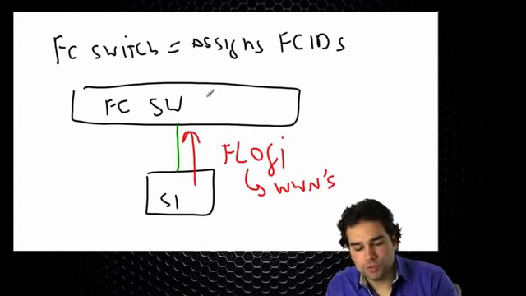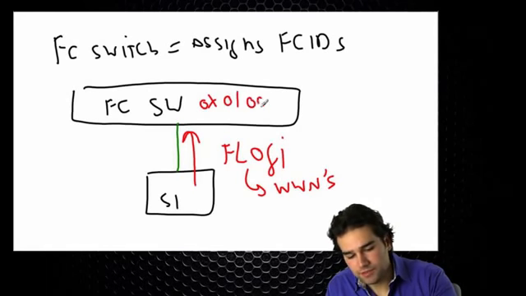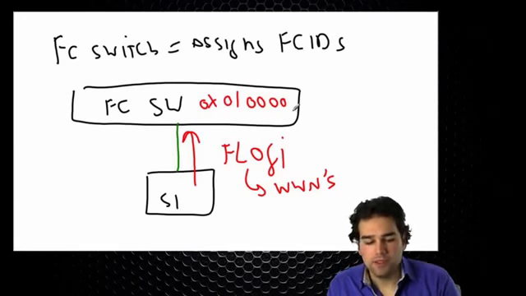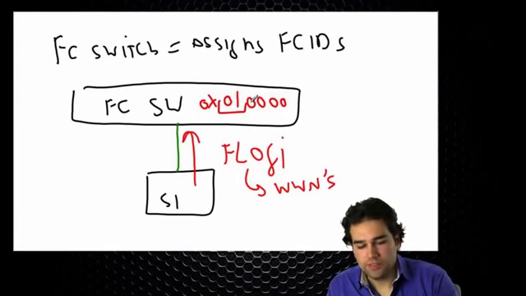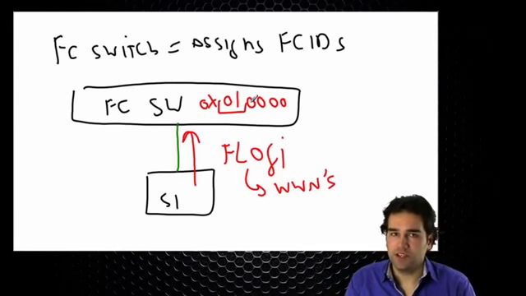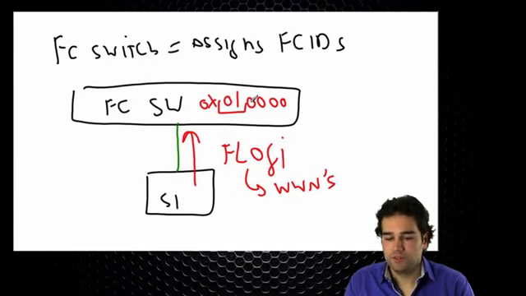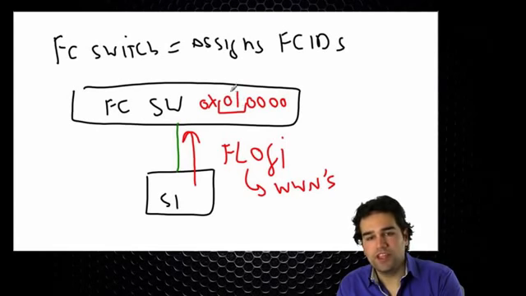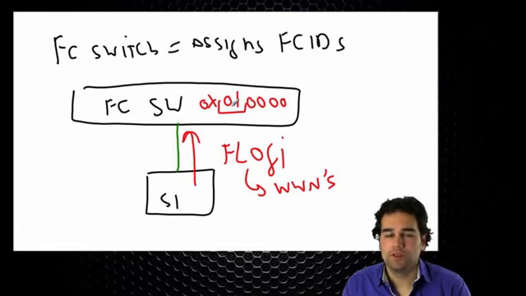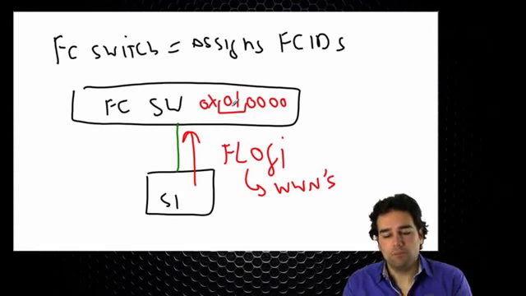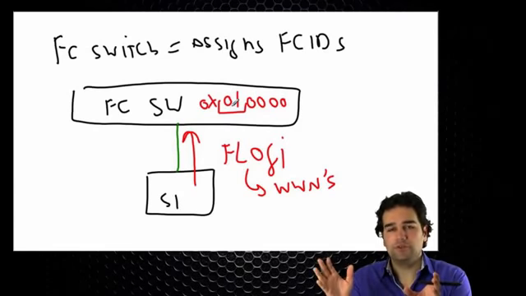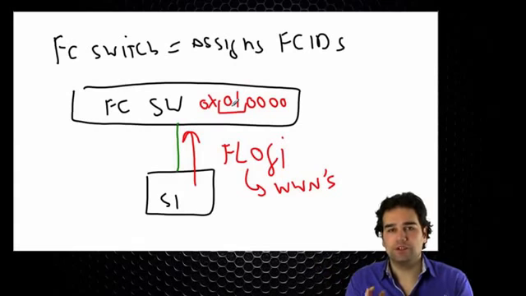That is because every switch has a block of addresses assigned to it. Every switch gets a block of addresses assigned after the first 2 bytes. So these first 2 characters in the FCID, those will be that block of addresses. Everything behind those 2 characters is assigned to a single switch.